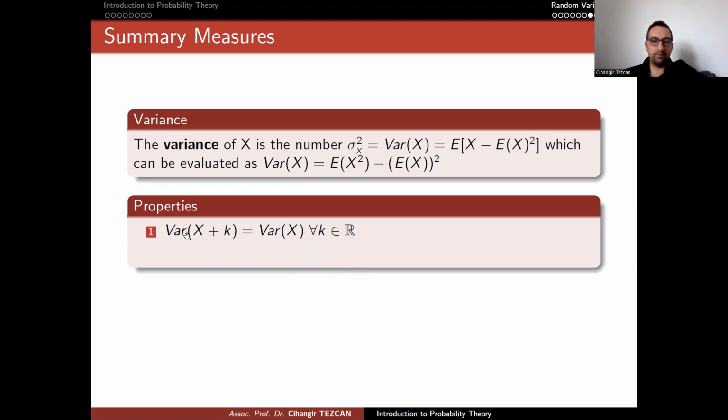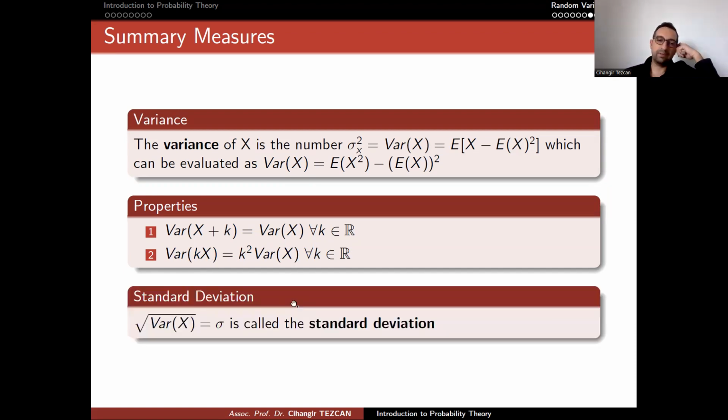For instance, Var(X plus k) equals Var(X), and if you multiply by k, k goes outside as a square. These are some formulas, theorems, or properties I want to give you without really calculating or proving them, just to give you the big picture, and you might need them in the future. Standard deviation is just the square root of the variance.